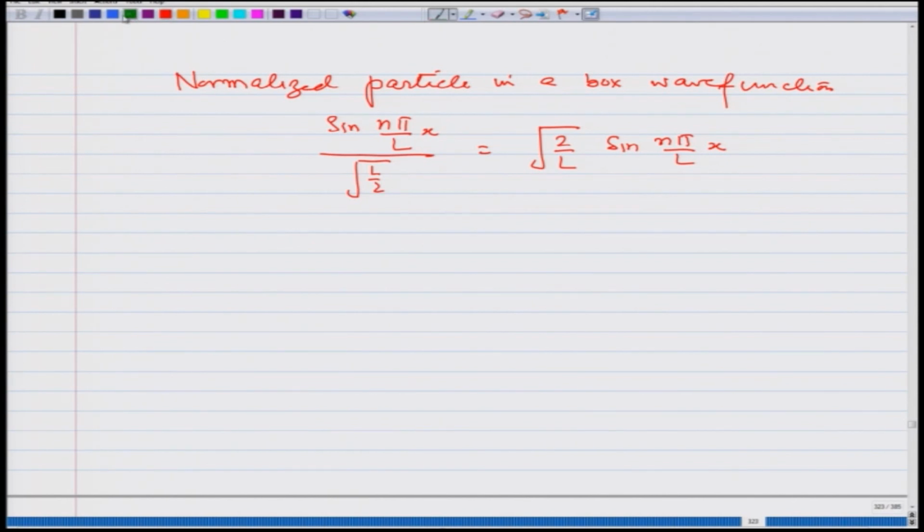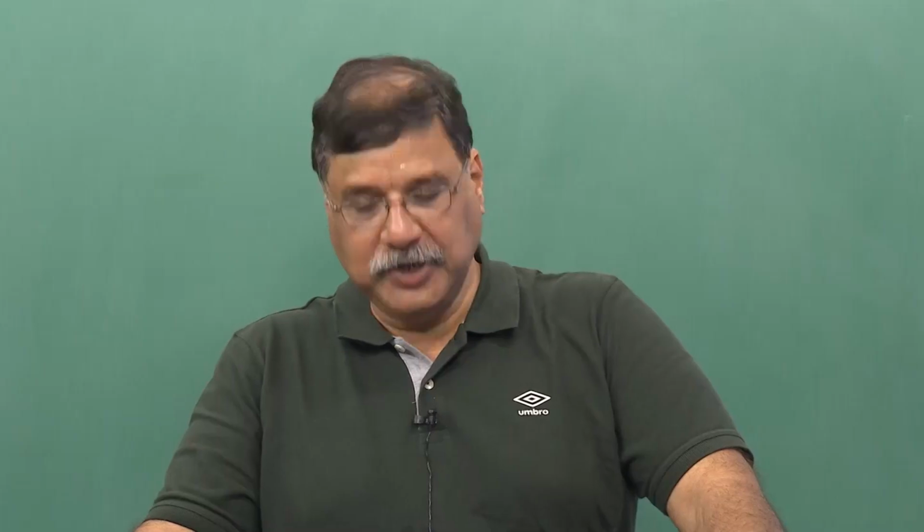And what then orthonormality is, is that the integration of 2 by L sin(m pi x over L) sin(n pi x over L) dx is equal to delta_mn. So, when m equals n, it is 1, when m is not equal to n, it is 0, which you can check yourself.